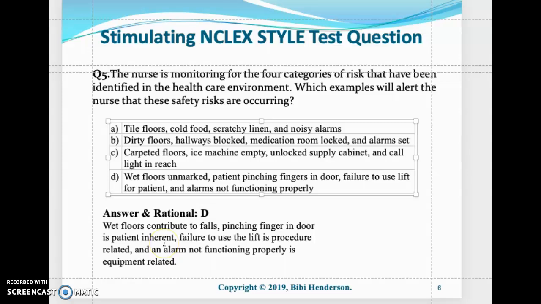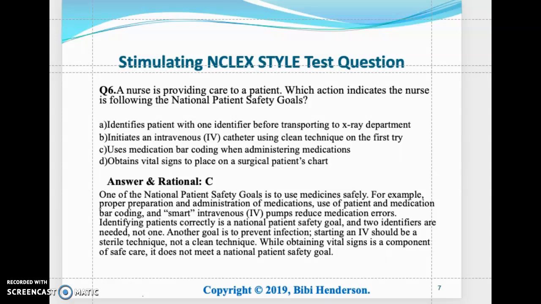So wet floors contribute to falling. Pinching fingers in a door is a patient-inherited risk. Failure to use the lift is procedure related, and alarms not functioning properly is equipment related. So that's the correct answer, D.